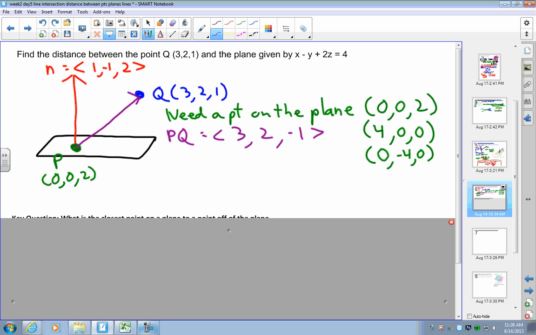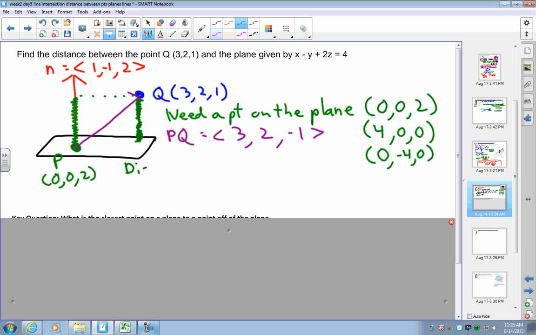Okay? So now, my distance, if I'm trying to find distance, remember, would be dropping from Q. I don't have any more colors, so I'll go back to green here. This is the distance I want, which is the same as that, which is the component.